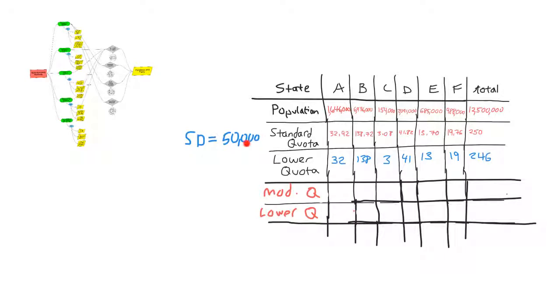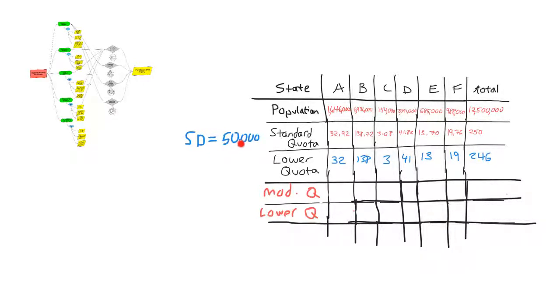But now we're actually going to choose a different SD. This really highlights the fact that you're allowed to do that. As it turns out, apportionments do not have to be based exclusively on the standard divisor, so we are allowed to change this.